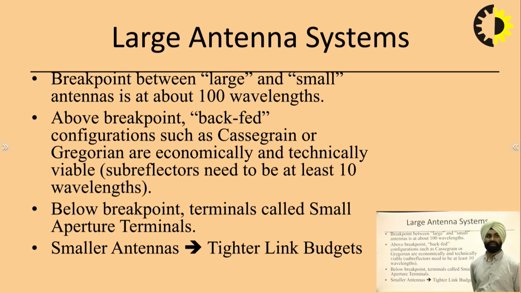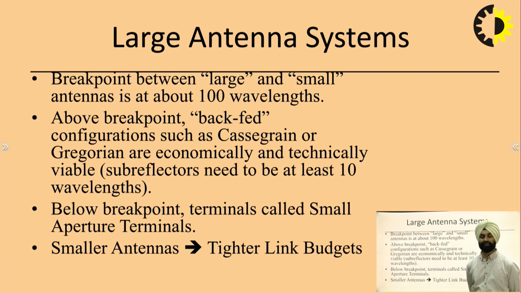So this gives a difference between two kinds of stations. One is the larger antenna system, the second is the smaller antenna system. A size of about 100 wavelengths is the dividing point between small and large antennas.